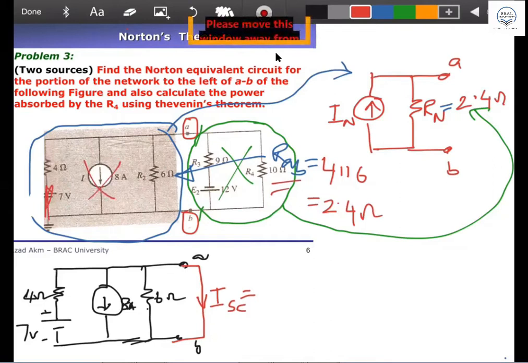You have to deactivate the sources. But now, when you find I short circuit, you cannot deactivate the source. You have to keep the source as it is. Leave it as it is. If I give you this circuit and ask what is the I short circuit current, you cannot deactivate anything. You should keep it as it is. I hope that you got it. What is the method? What are you going to apply first to solve it?